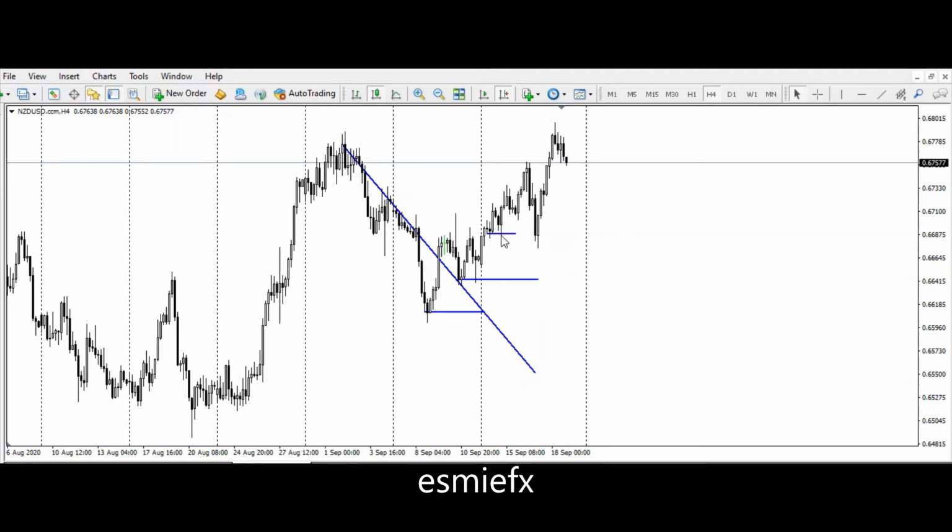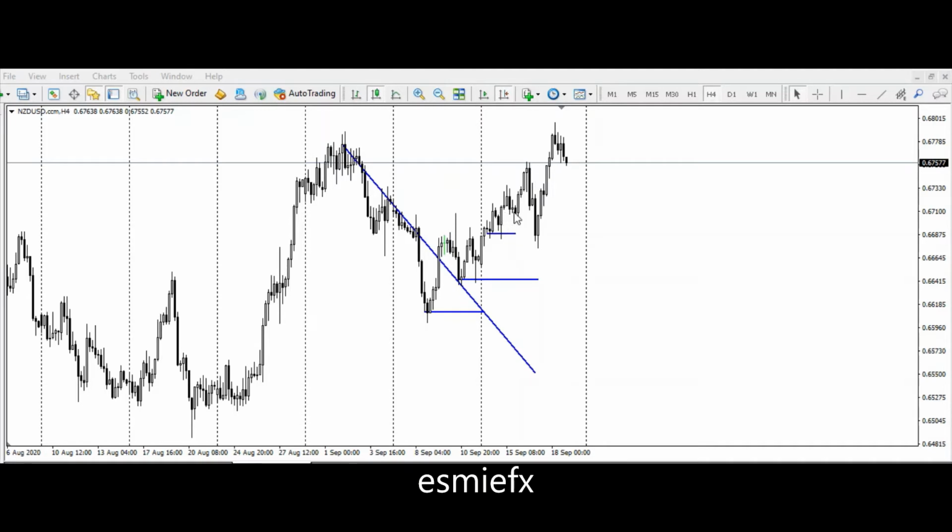So there was a trade here, and this was during Asia. So during Asia, there was a trade here, then price moved up and gave a retracement towards this high here, and it moved up.